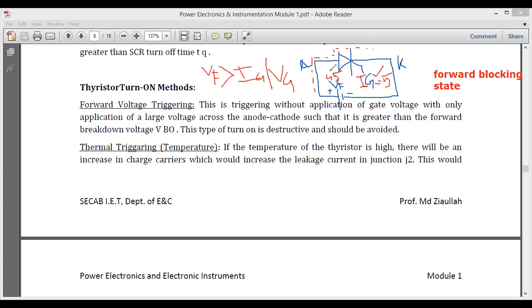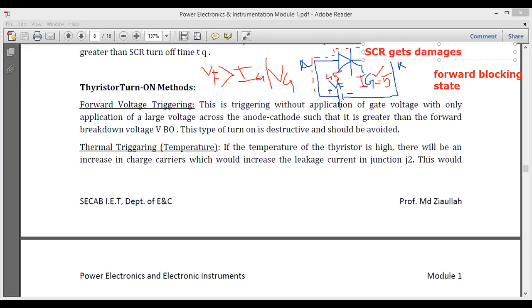So another method we can adopt for turning on the SCR is to increase the forward voltage beyond the gate voltage, that is, VF greater than IG or VG. If this happens, the SCR will get damaged.